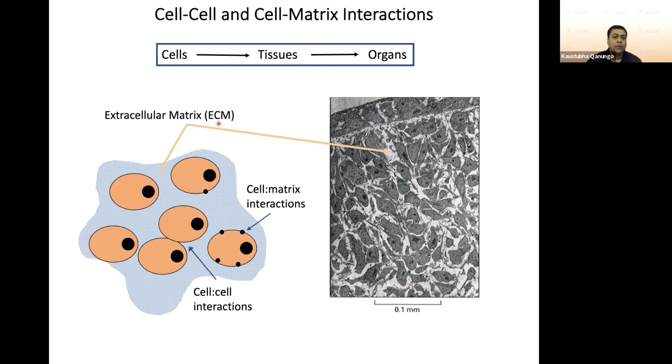Another important thing is that surrounding the cell, you have a space, which so far we called the extracellular space. This extracellular space is not empty. It is filled with many different types of fibers, proteins, and proteoglycans, but mainly proteins and proteoglycans. Proteoglycans are usually protein chains with attached carbohydrates.